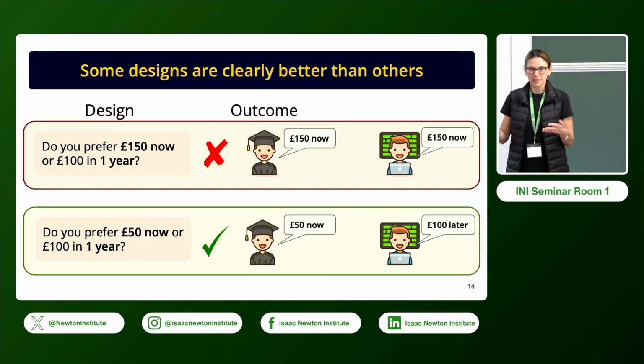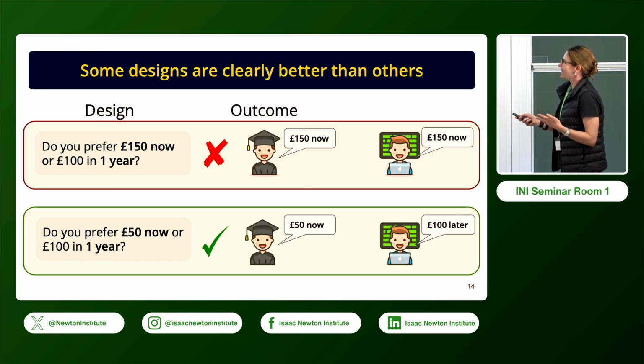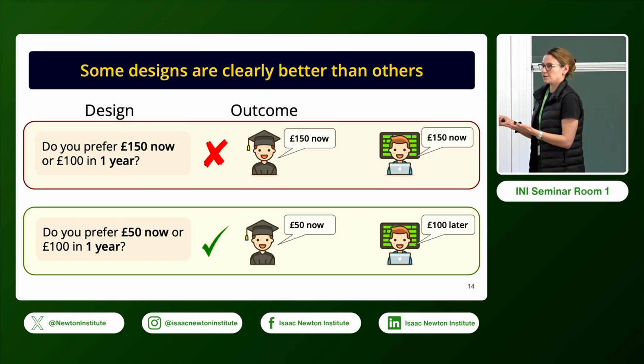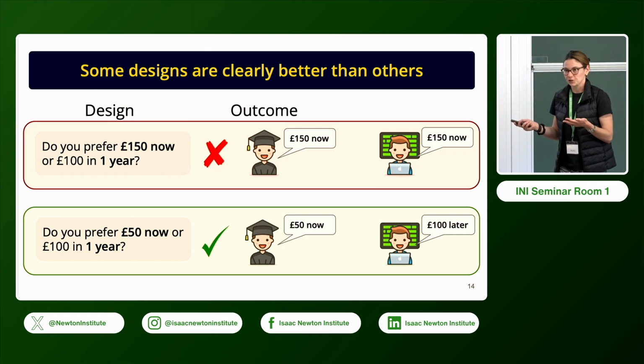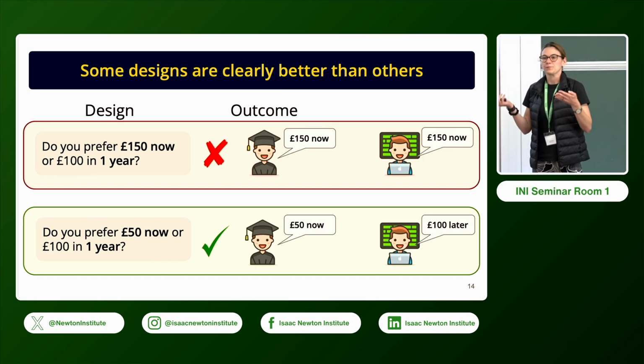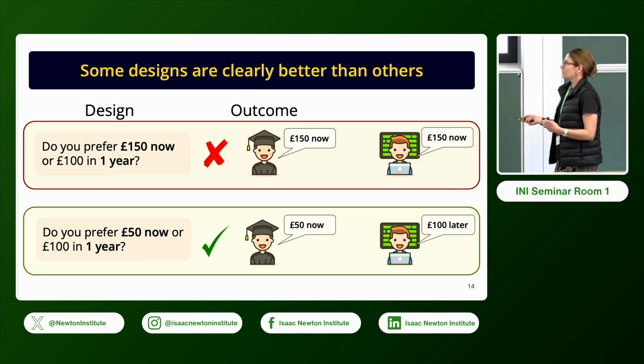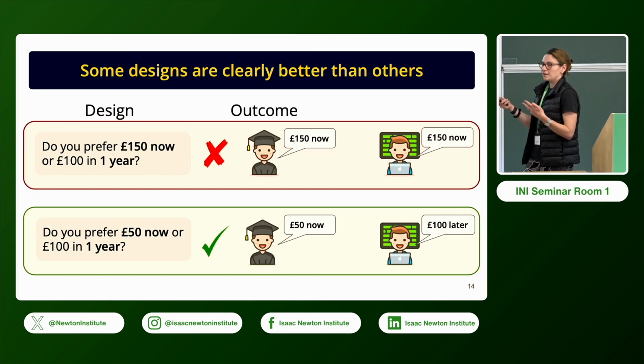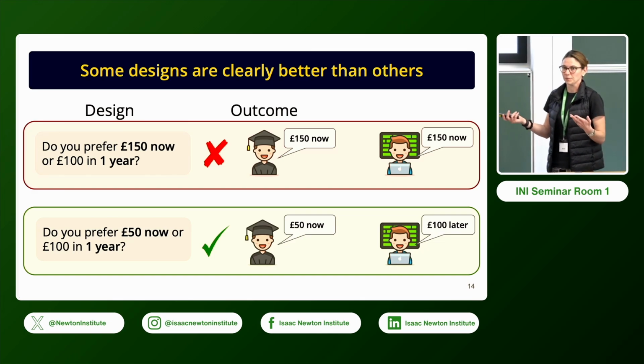And clearly some of these designs are better than others, right? So nobody will pick less money later, right? Regardless of who you ask. If you were to ask the second question, you may get some discrepancy between a graduate student who may prefer less money now and a professor who may be willing to wait for a year and get the bigger sum.